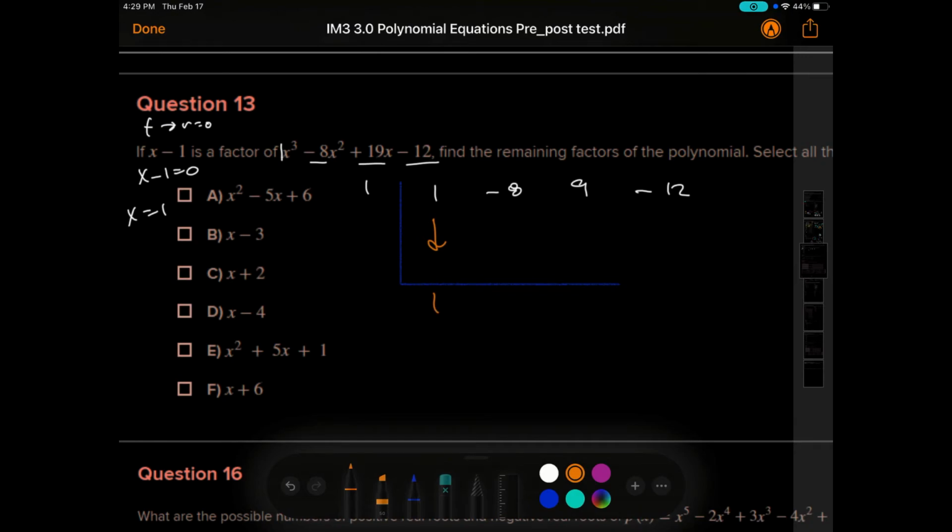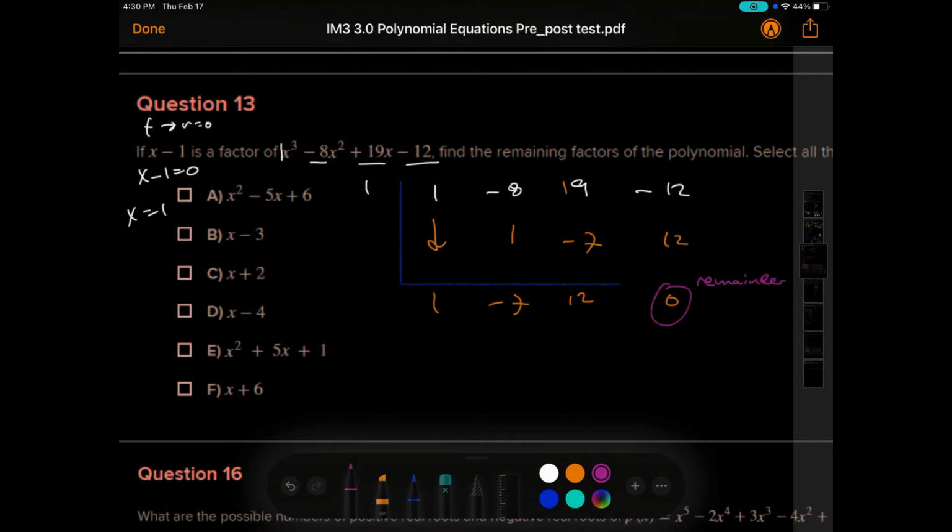Bring this down, multiply, 1 times 1 is 1. You're going to add, multiply, add, multiply. Okay, I already knew that the 0 was going to happen because this is a remainder.